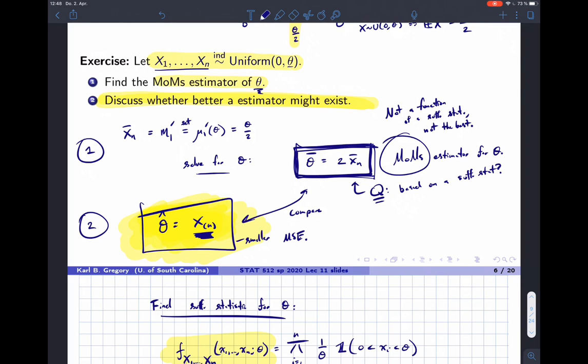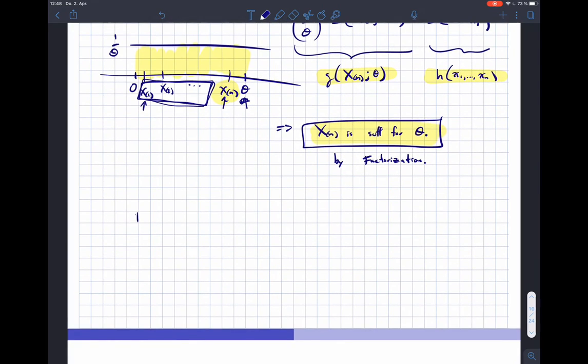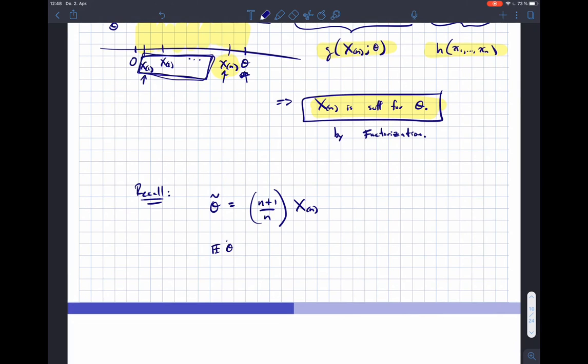And remember, we were able to find an unbiased version of this other estimator. I think we looked at this before. If I take n plus 1 over n times the largest order statistic, and I call that thing theta tilde, then theta tilde is unbiased, and it's also the minimum variance unbiased estimator because it's a function of a sufficient statistic.